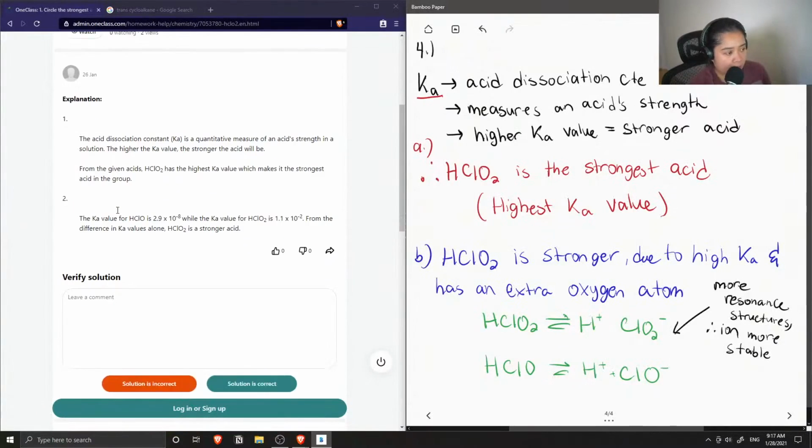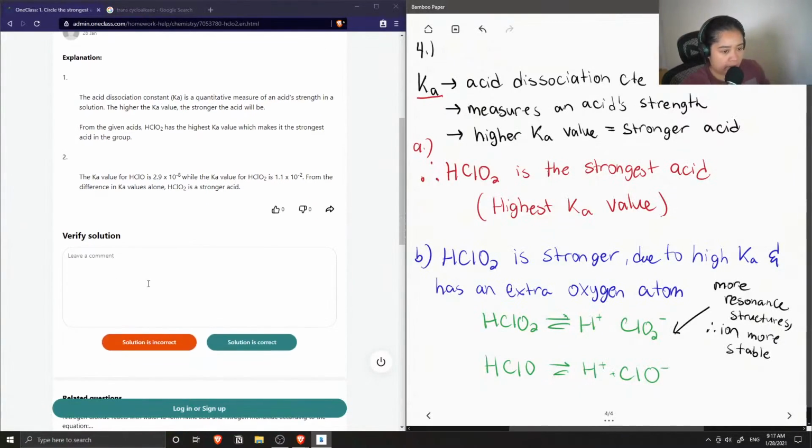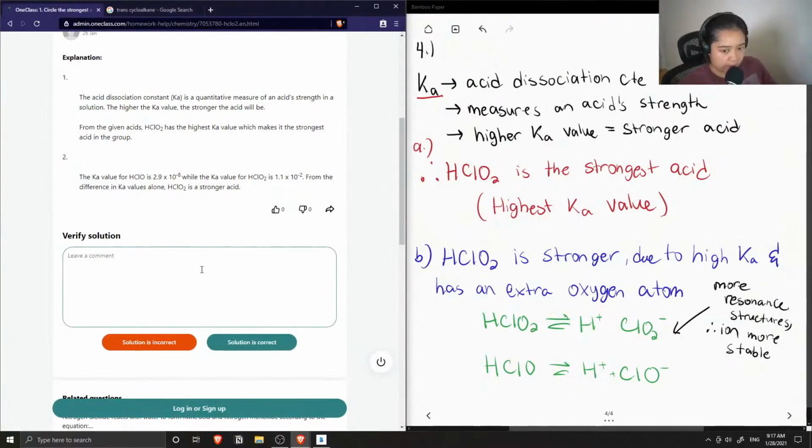Okay, so they also just compared Ka values for part B, but I'm just going to add what I wrote about the extra oxygen as well. So the solution is correct.